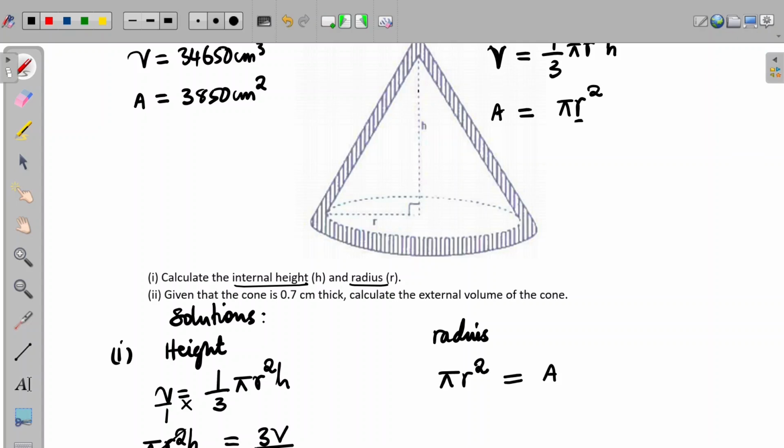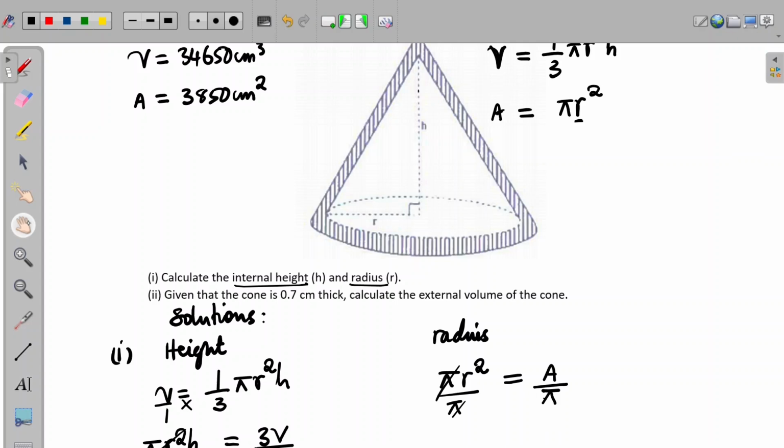I've decided to start like that so that I'll quickly find the subject of the formula. To find r, we'll divide by pi, even this side by pi, so that this and this will go.